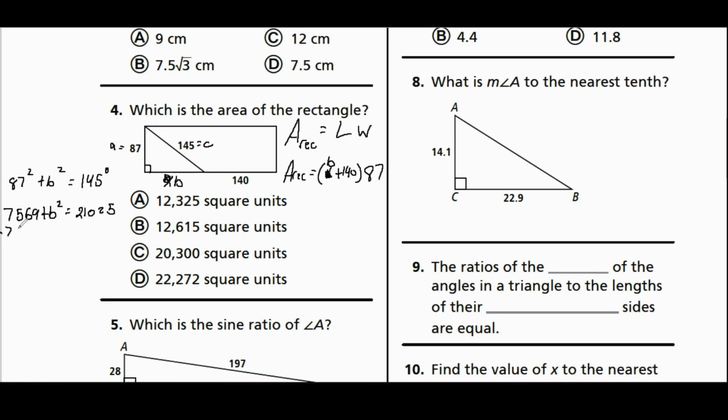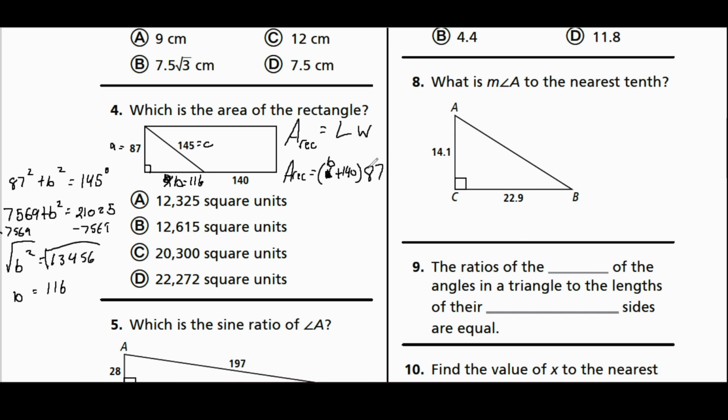I'm going to subtract 7569 from both sides. And that leaves me with b squared is equal to 13,456. And to solve for that, I'm going to take the square roots of both sides. And again, when I take the square root of something, I get plus or minus. But since we're talking about length, I'm just going to use the positive. And right now I know b equals 116.